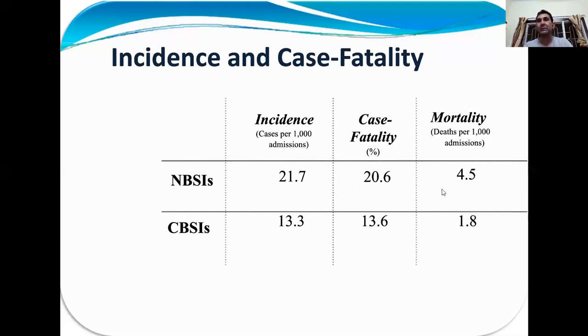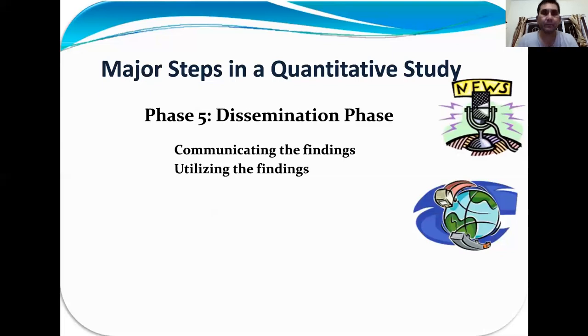The mortality rate is 4.5 deaths per thousand admitted patients who died due to nosocomial infections, and 1.3 deaths per thousand admitted patients who died by getting the community acquired infection. So nosocomial infection is more dangerous, more vulnerable, and causes more mortality as compared to community acquired infection. After the fifth phase of the research, the quantitative research study design is the dissemination phase.